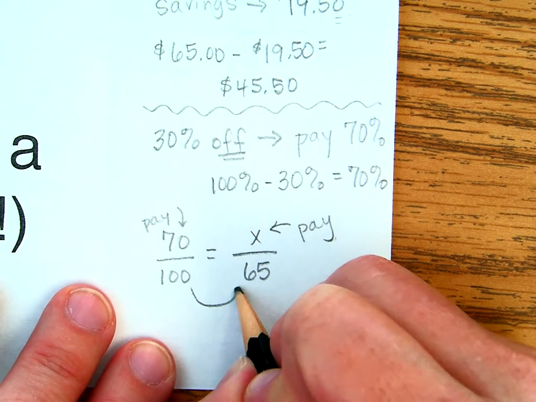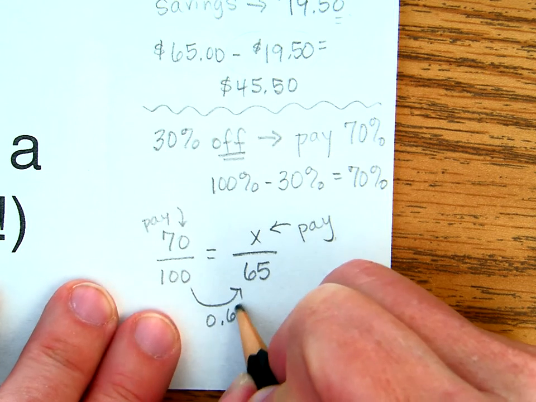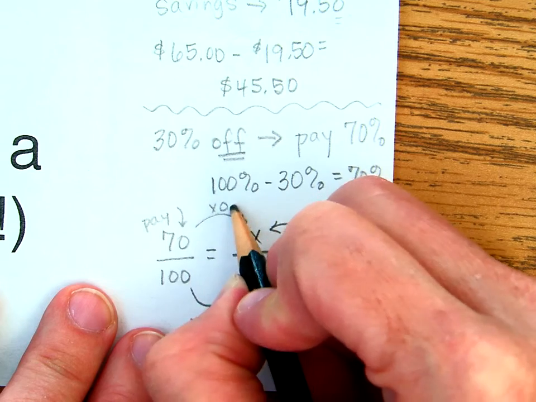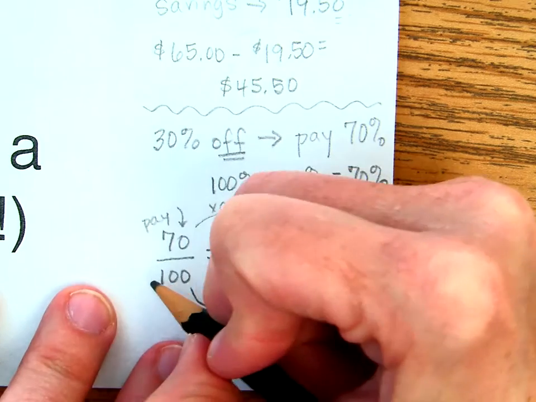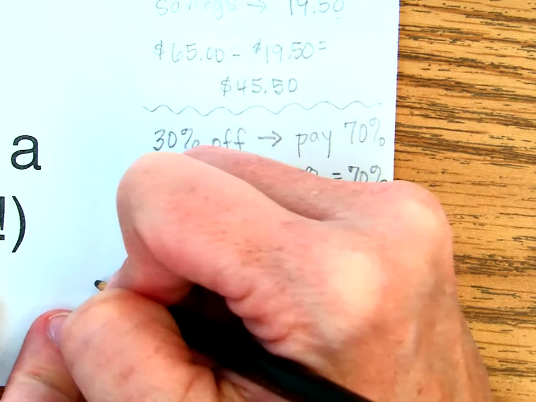So again, to solve that, you can multiply by 65 hundredths, or you can multiply the number on the bottom by 7/10.